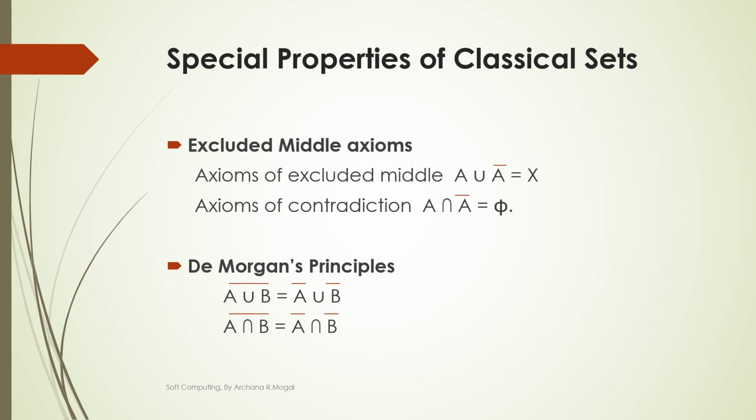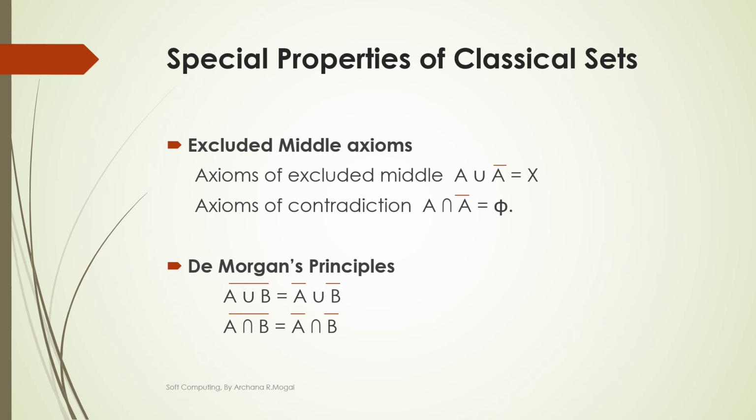Now we see two special properties of classical sets, known as the excluded middle axioms and De Morgan's principles. The excluded middle axioms are not valid for fuzzy sets, but are valid for classical sets. There are two excluded middle axioms.